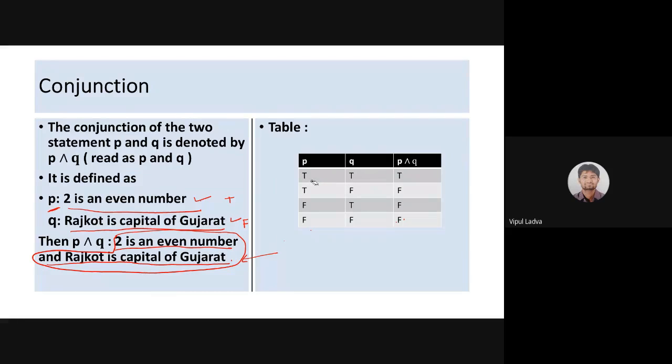If both the statements P and Q are true, then the truth value of its conjunction will be true. And in any of the other cases, P true Q false, P false Q true, both false, in all these three cases, the truth value of the conjunction will be false.